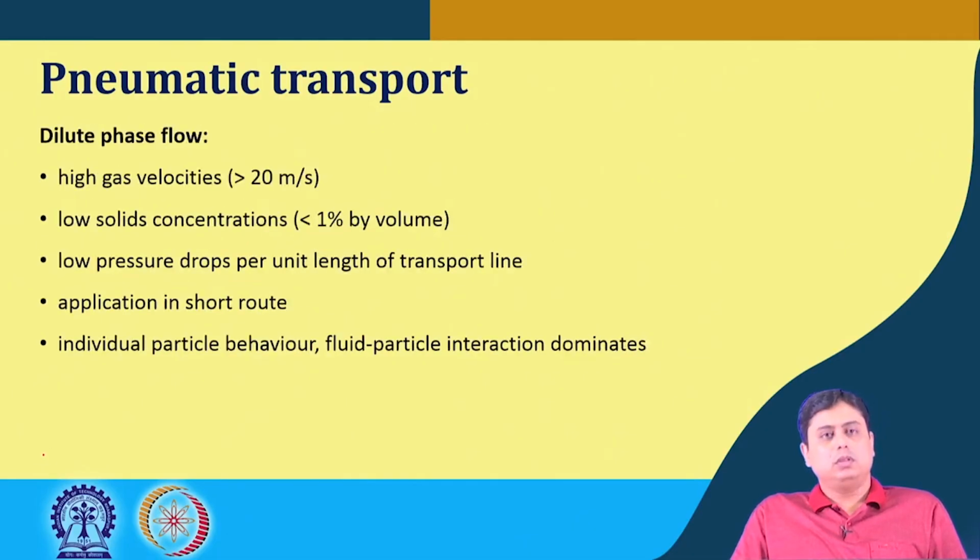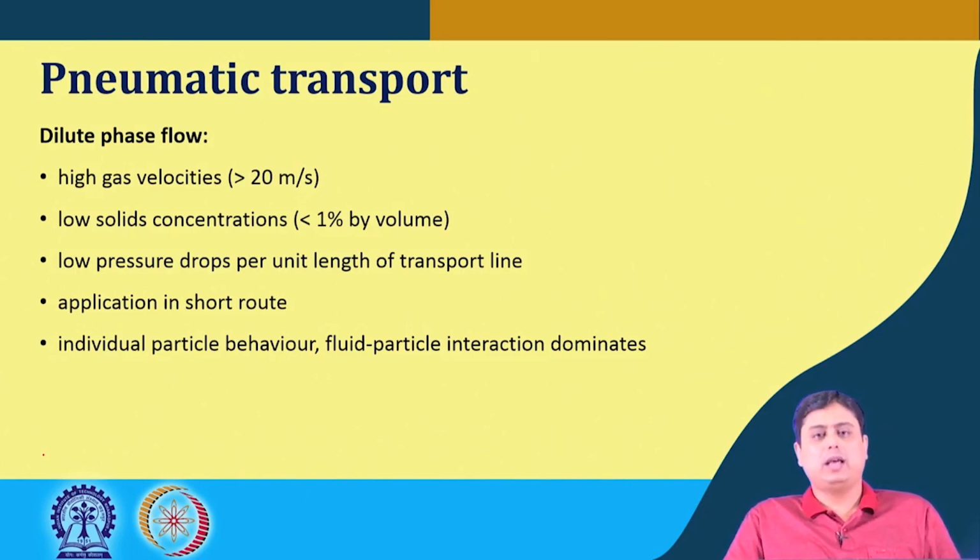Now if we go into the details of dilute phase flow and the difference from dense phase transport, these two are classified by certain parameters. This can be detected by looking at the gas velocities immediately.